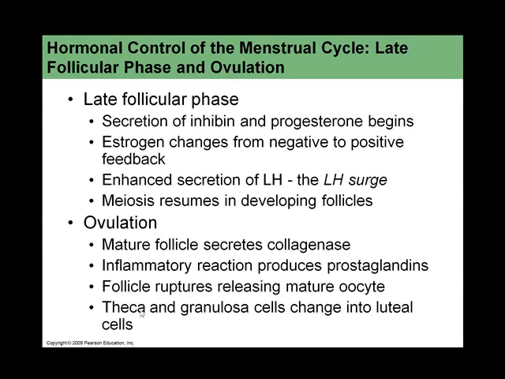Now, remember, I criticize this presentation because we have many follicles recruited and developing. All of them except one in humans will undergo atresia at this point, just before ovulation or around ovulation, the peri-ovulatory time period.